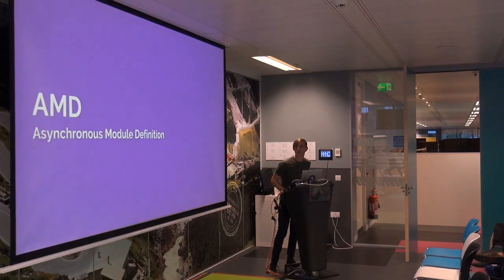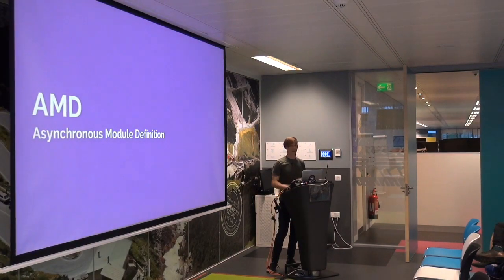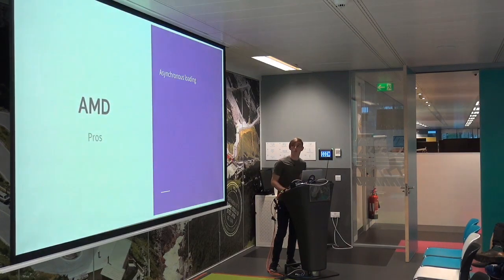And the other one was AMD, Asynchronous Module Definition. It originally started as a part of CommonJS, but they forked out and created their own spec. It's completely do-it-yourself, but the whole idea is way more browser-friendly. And what are the pros? Async load, so you can actually have code split up and loaded asynchronously.